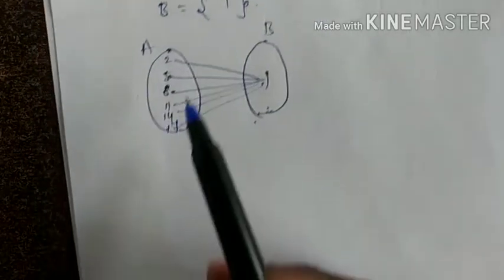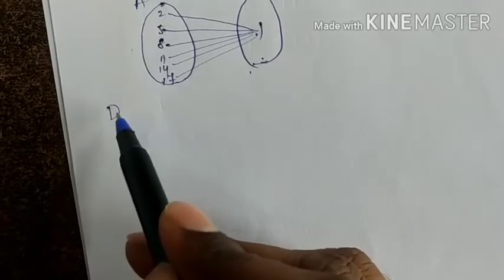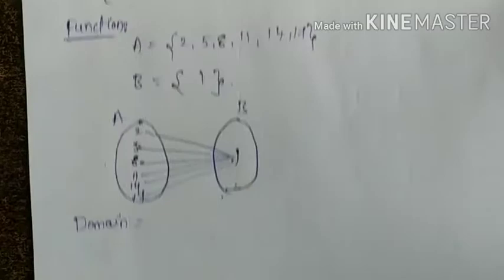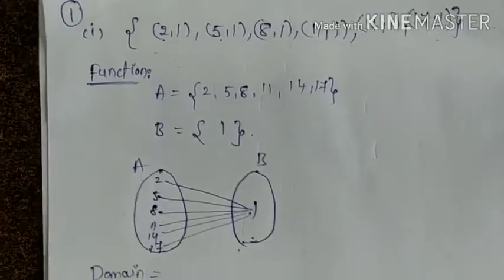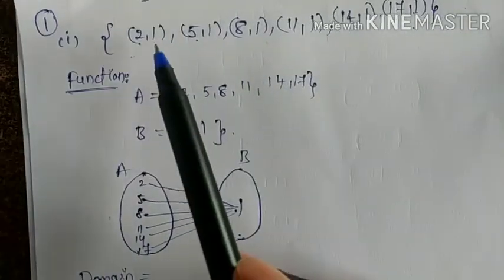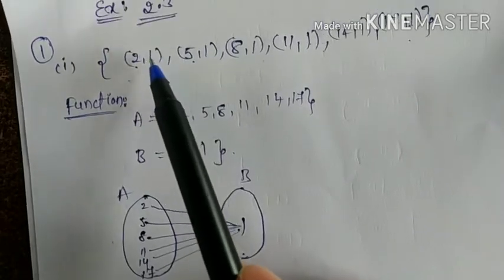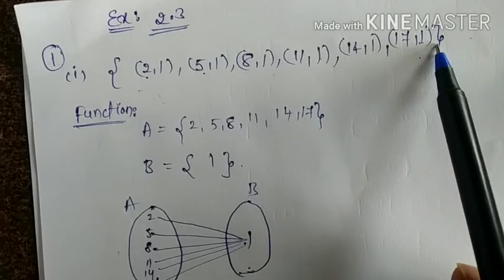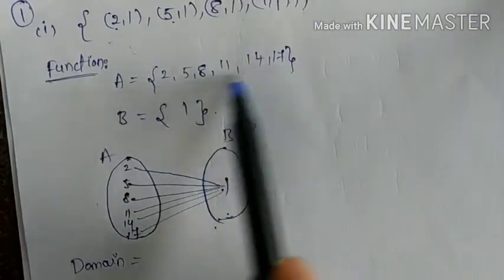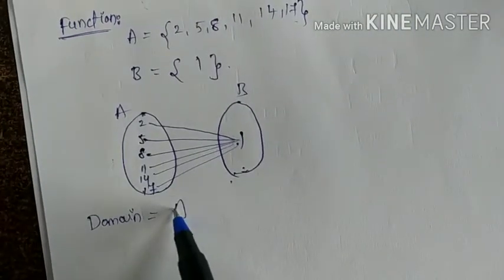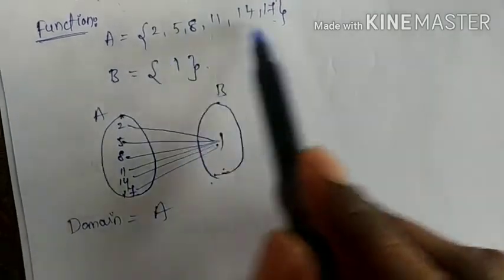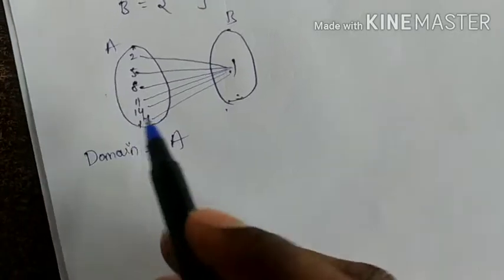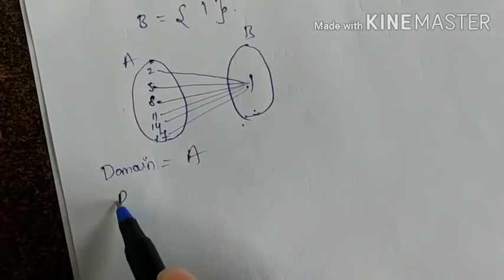And one more question is given, you have to identify the domain and range of the function also. Domain, already I gave the definition of domain. In the set of ordered pairs, all the first elements come under the domain of the relation. So here the set A is the domain. So all the elements you have to write which are available in set A, right? And B, another one is range.